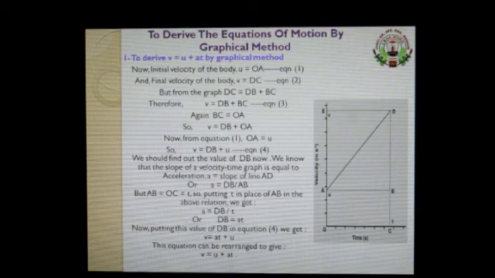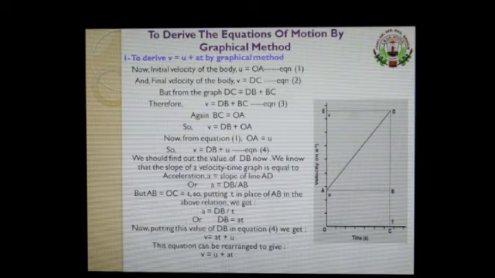To derive the first equation, v = u + at, by the graphical method, consider the velocity-time graph of a body as shown in the figure. The body has an initial velocity u at point A, and then its velocity changes at a uniform rate from A to D in time t.